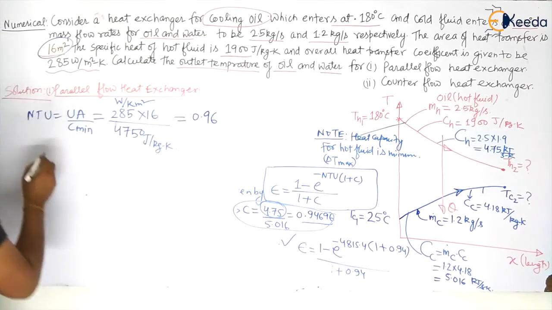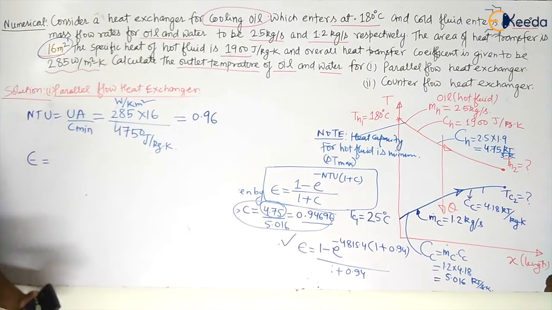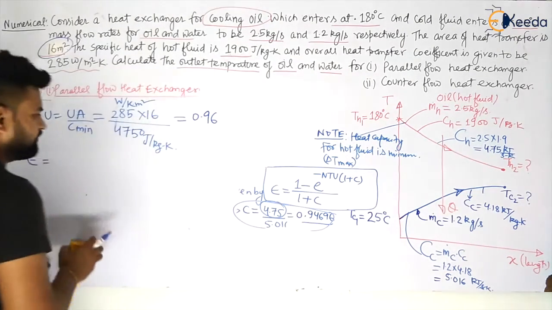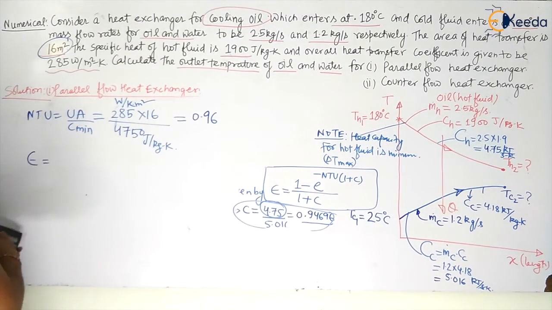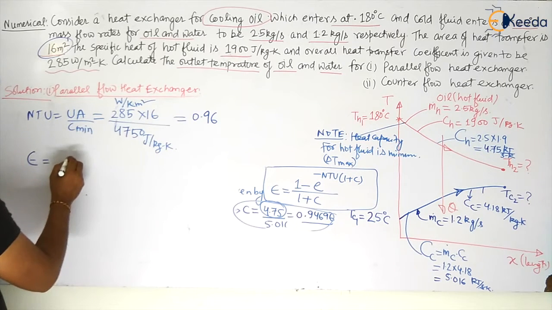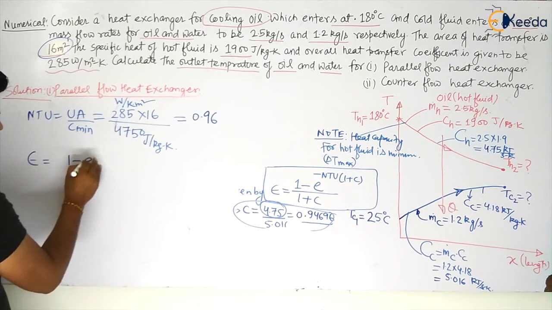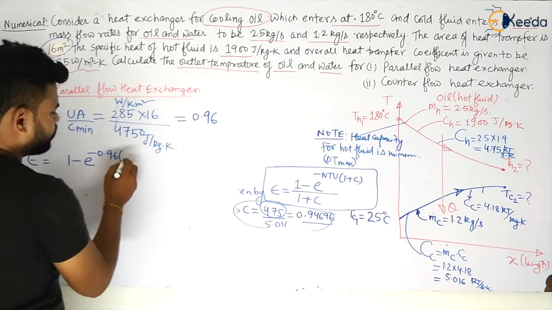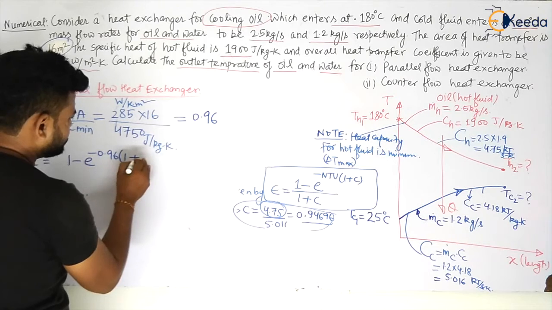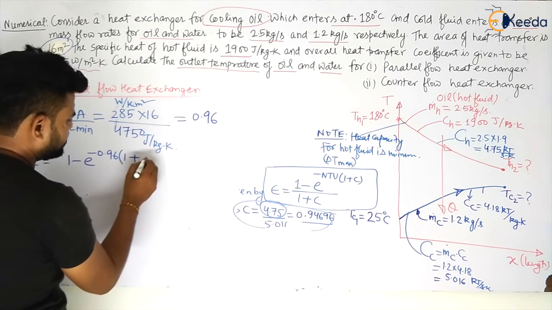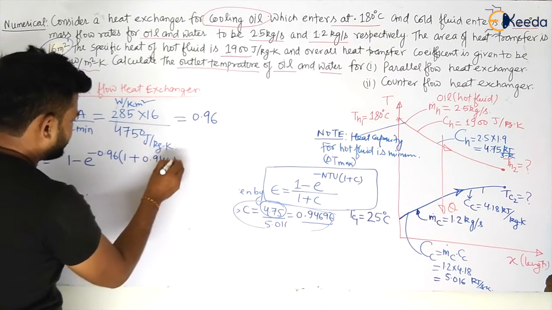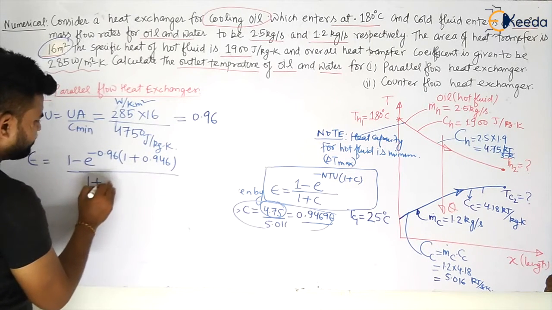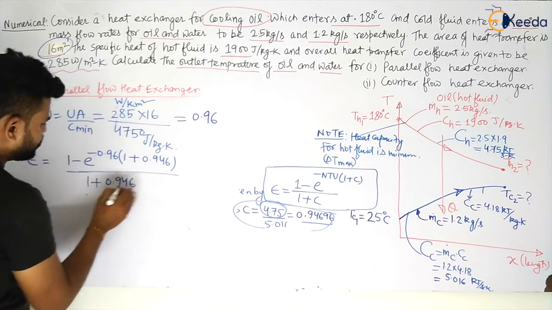Let us see. The effectiveness will be given by, my dear students, 1 minus e to the power minus NTU, which is 0.96, divided by 1 plus C. What is 1 plus C? What is the specific heat capacity ratio? This is 0.946. Very good. Again, 1 plus C will become 1.946. So what will be the effectiveness?